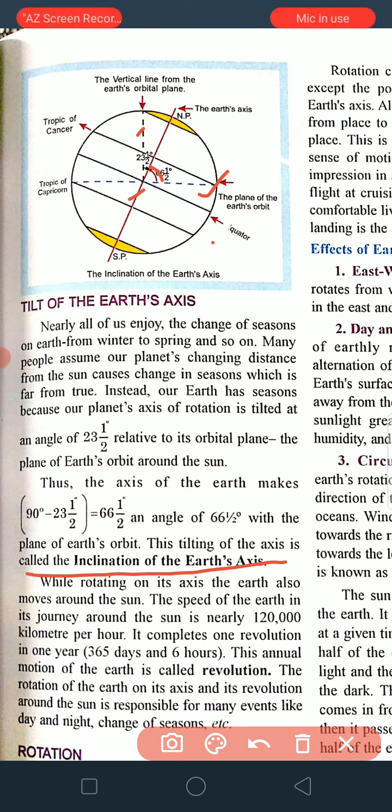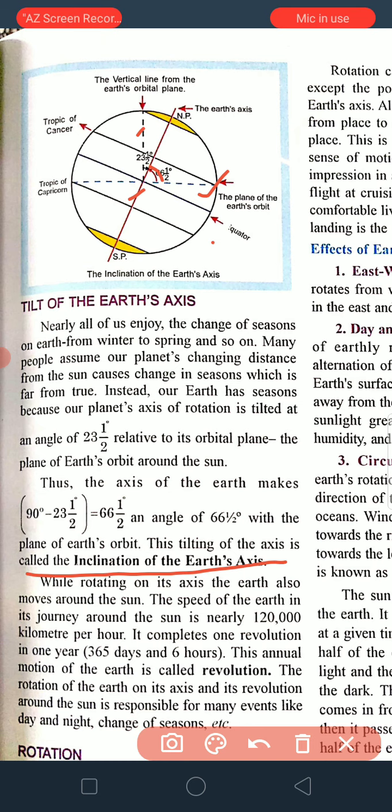While rotating, the earth also moves around the sun, meaning while rotating it is on revolution also. Since the rotation and revolution movements take place together, दोनों movements साथ साथ होते हैं. The speed of the earth in its journey around the sun is 1,20,000 kilometers per hour. This is the speed of the revolution of the earth.